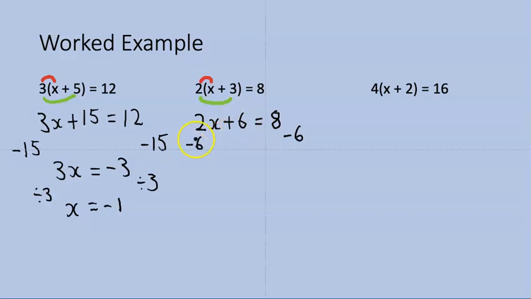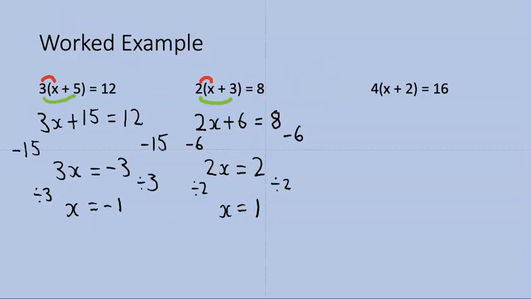This 6 cancels with this one. So I've got 2x equals 8 take away 6. That's 2. So because I've got this 2 next to the x, I divide by 2. Therefore, x equals 1.